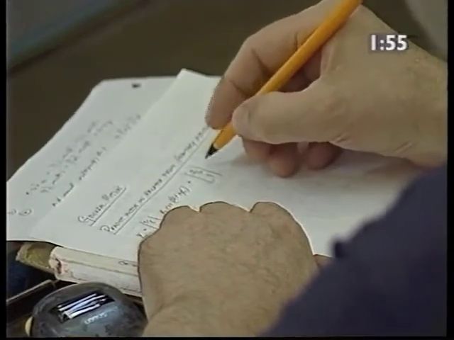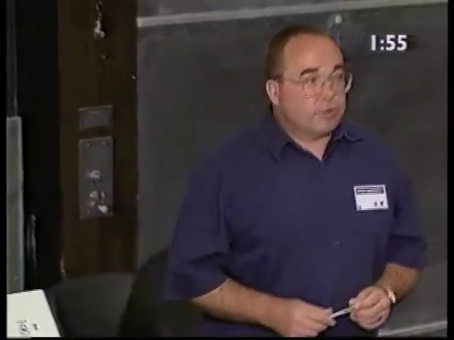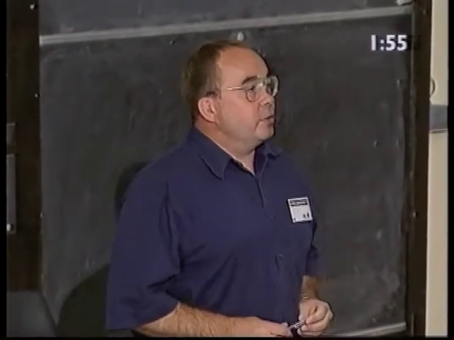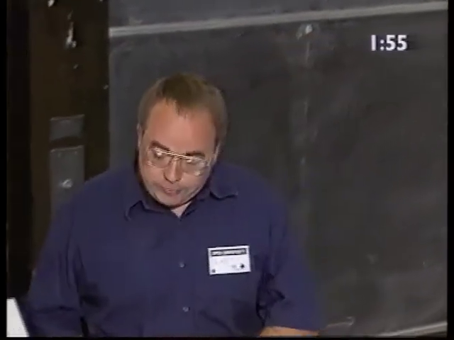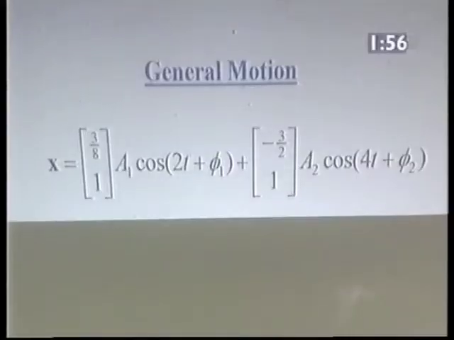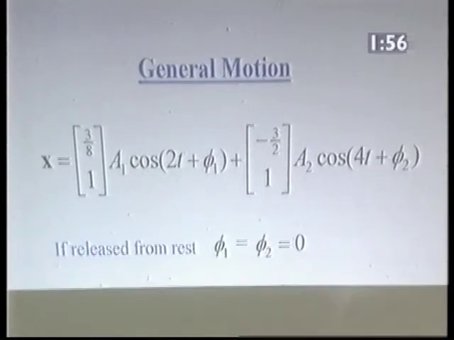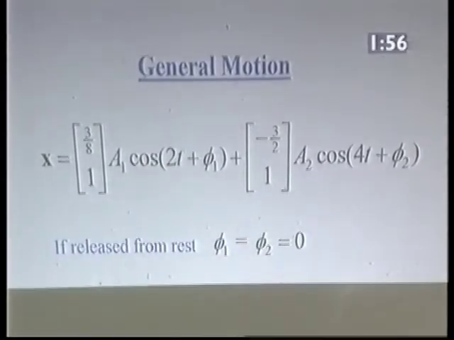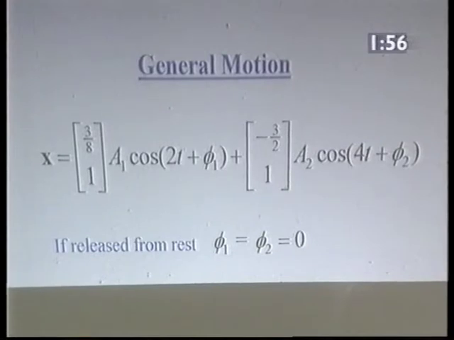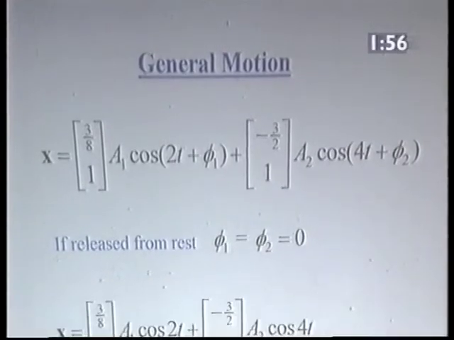Right, well, we'll keep things simple and release the system from rest again, which, as we said before, means that the two phi values are 0. So, two phi values being 0, this is the general motion. We need to determine the constants A1 and A2.